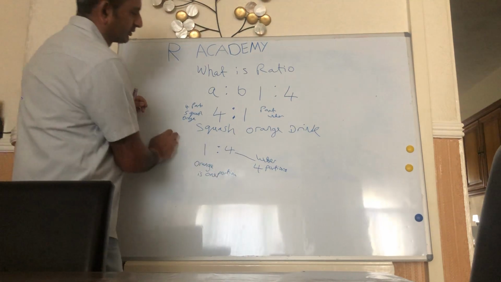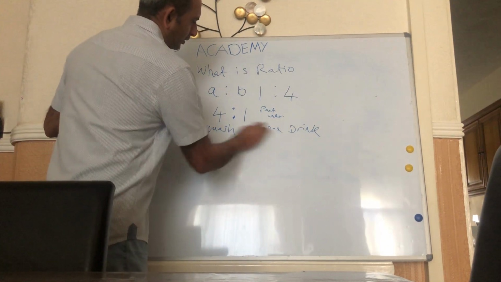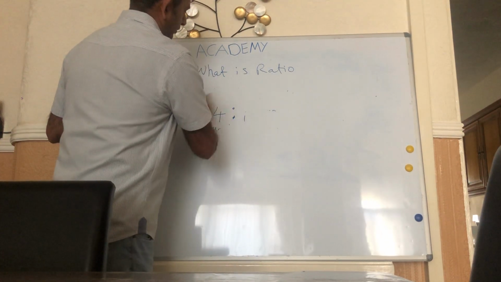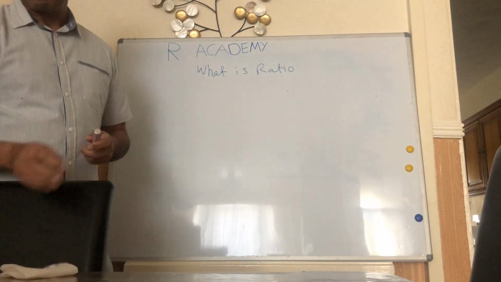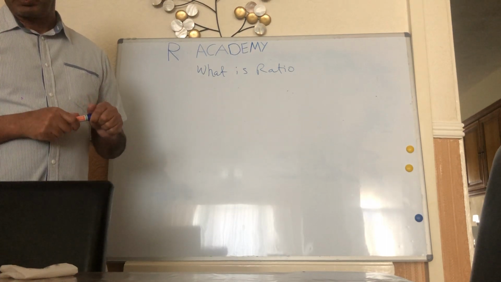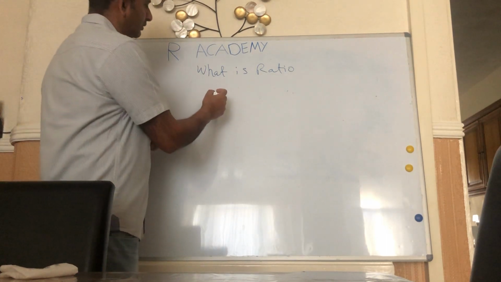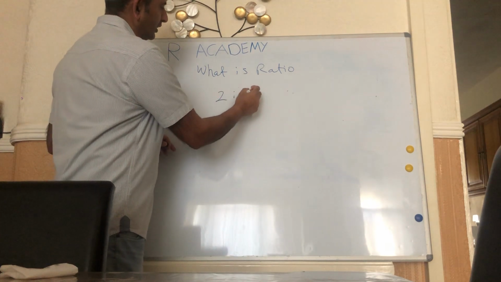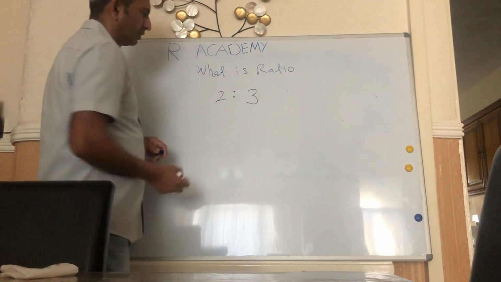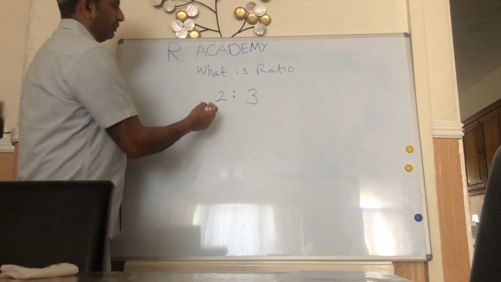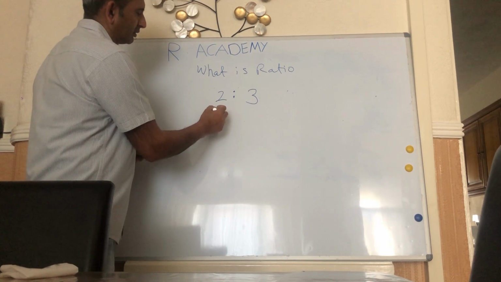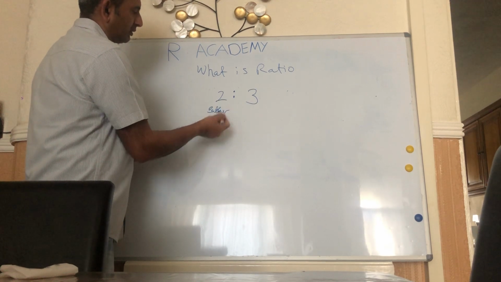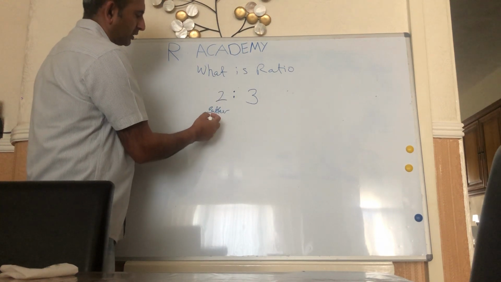So let me give you an example, supposing you were making a cake. A small cake would be a 2 to 3 ratio. So you'd put 2 parts butter, represented by, I don't know, 6 ounces.